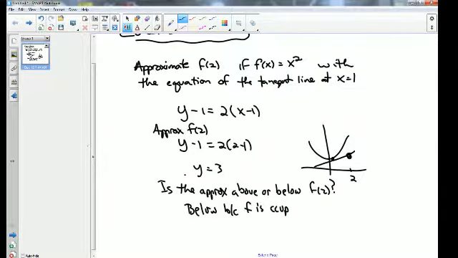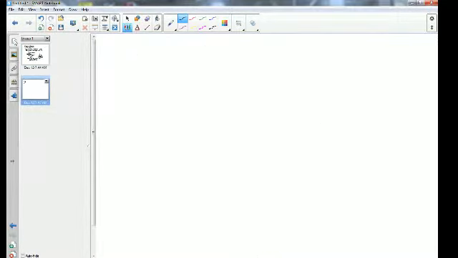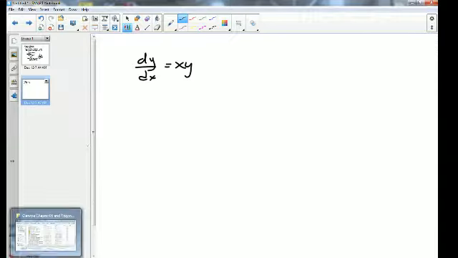Okay, so the difference with Euler's method: here we're given the original function. We could be given a derivative with this as well at a point, right? With Euler's method, usually you'll be given a differential, something like that.